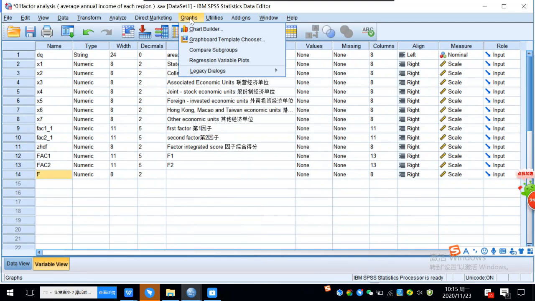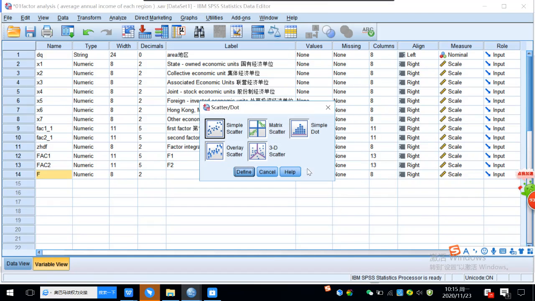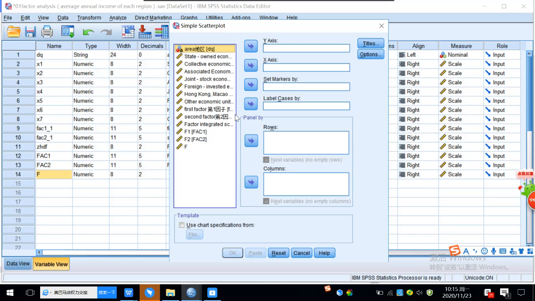Graph, scatter dot, simple scatter. Define y.